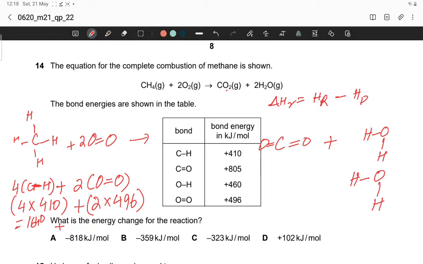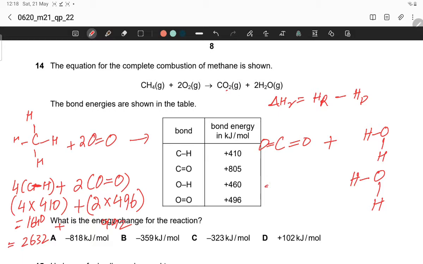This is equal to 992. So 1640 plus 992 is equal to 2632.